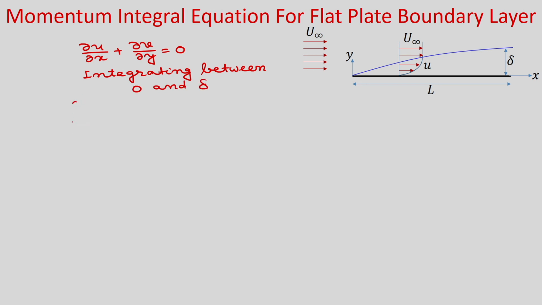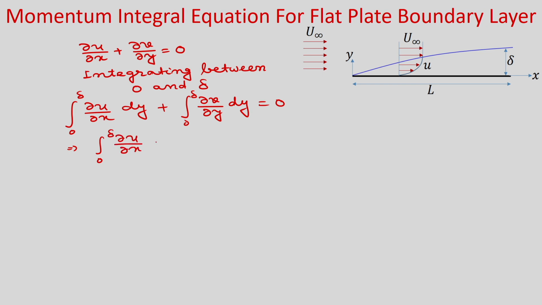So, obviously, we can write integral 0 to delta ∂u/∂x dy plus integral 0 to delta ∂v/∂y dy is equal to 0. Okay. So, this we can write integral 0 to delta ∂u/∂x dy, and this you can see we can write v from 0 to delta is equal to 0.